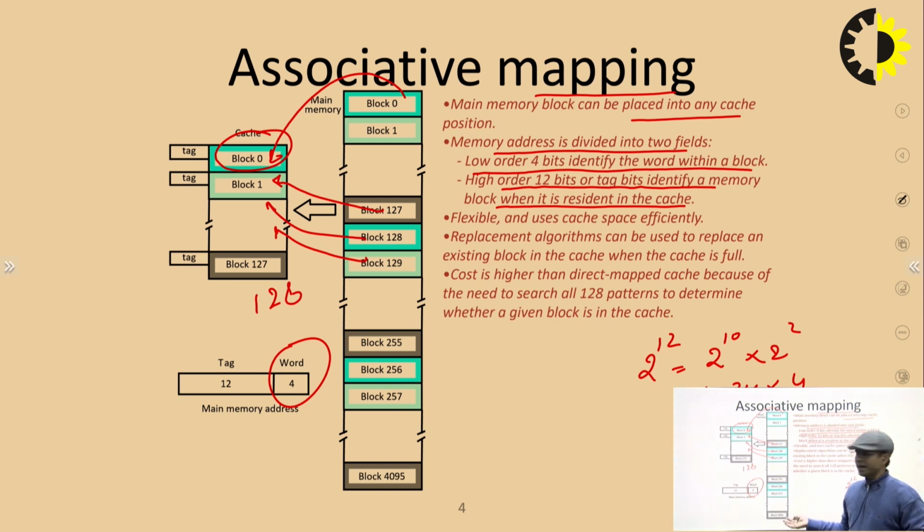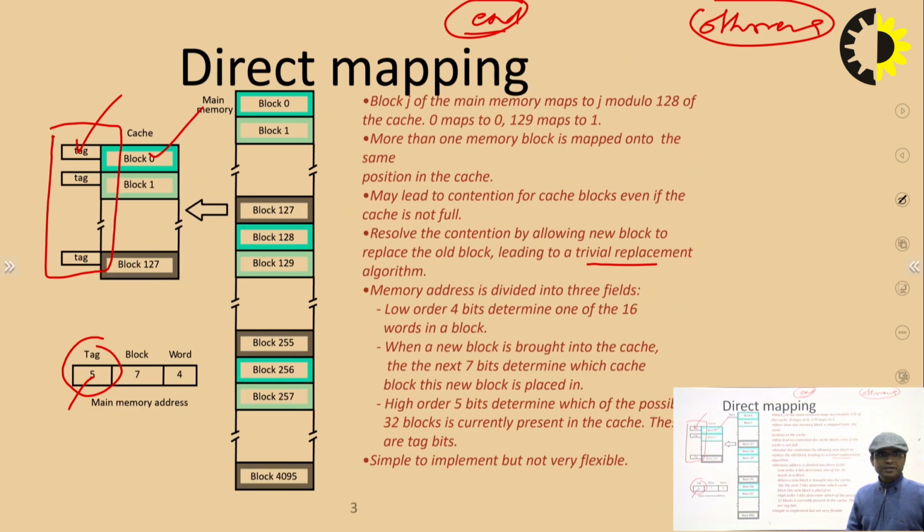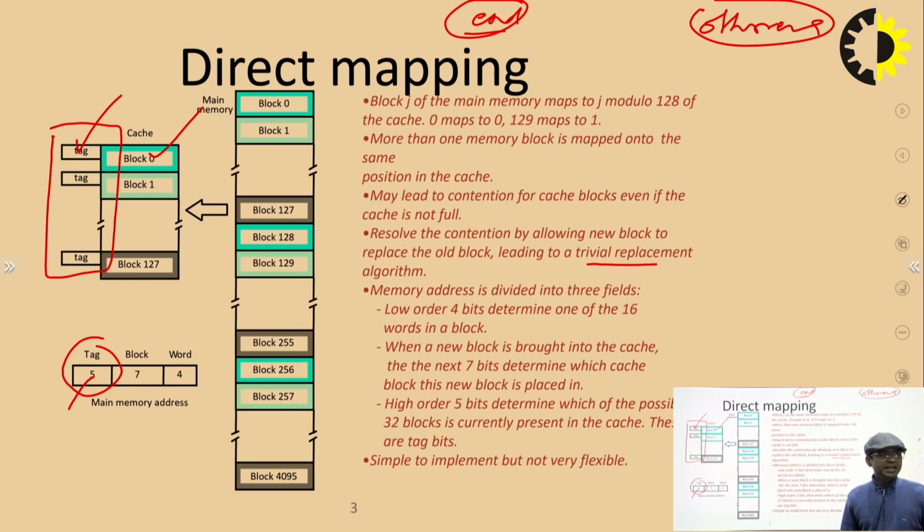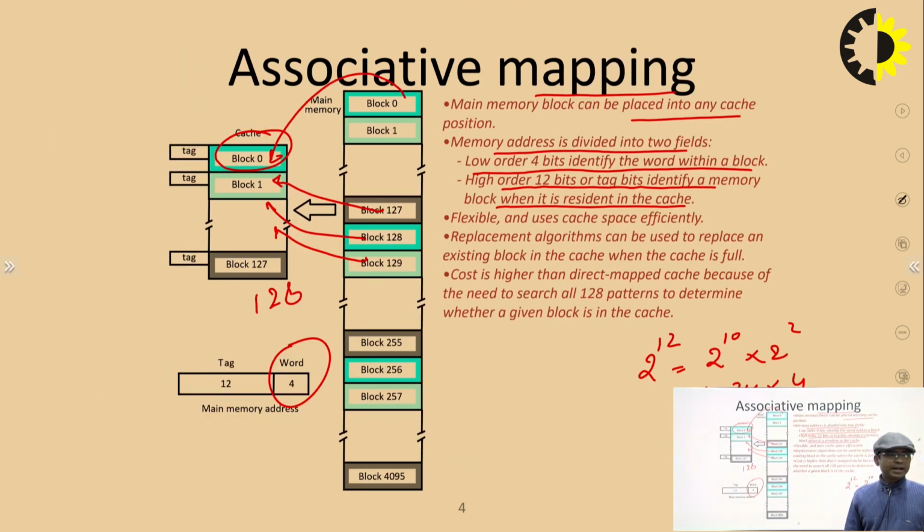Interestingly, how many blocks are there? For every block we can have one tag. So, each and every block in the main memory has its own separate tag. Whenever we bring any particular block in the associative mapping anywhere, each block will have its own tag.